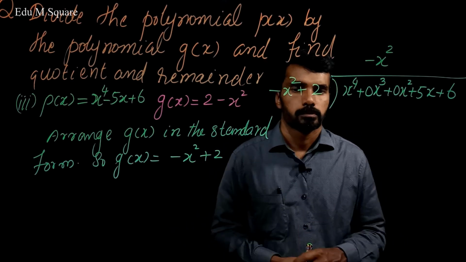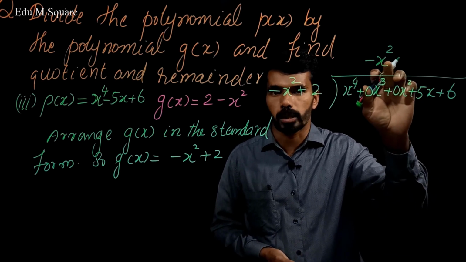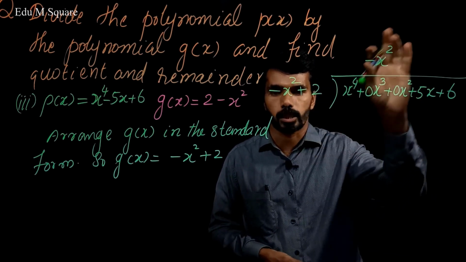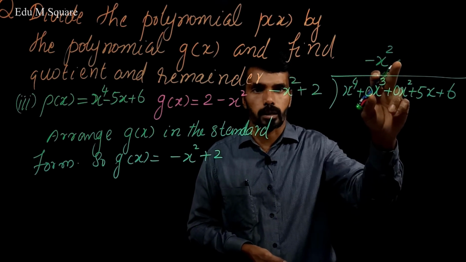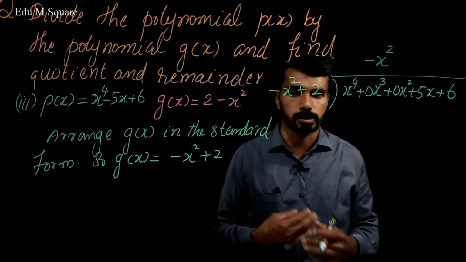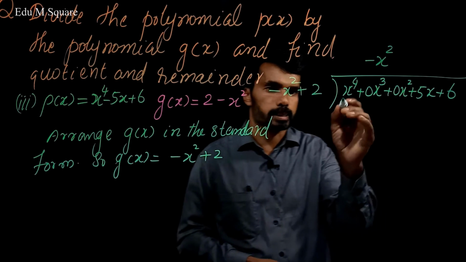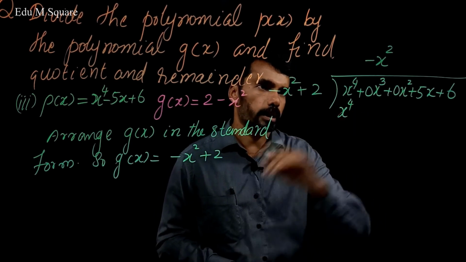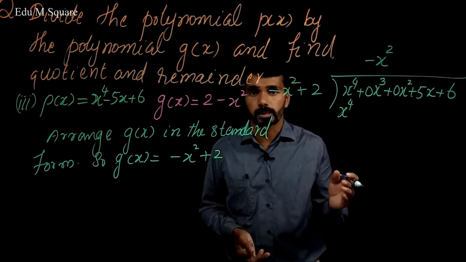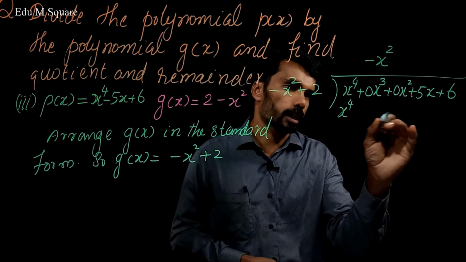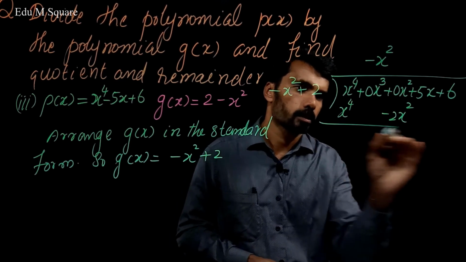Okay. So next we continue the division process, that is we have to multiply each term of the divisor by this first term in the quotient. So minus x square into minus x square, minus into minus becomes plus, then x square into x square, x raised to 4. Then minus x square into 2, that is minus 2x square. So that we write in the x square column, minus 2x square.